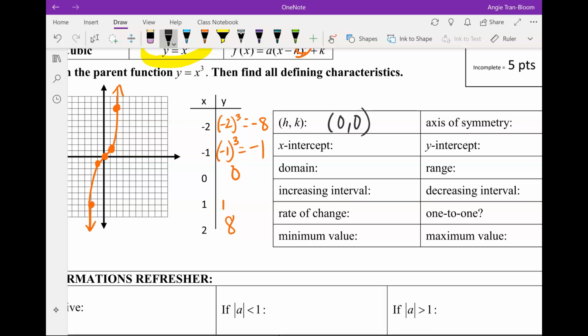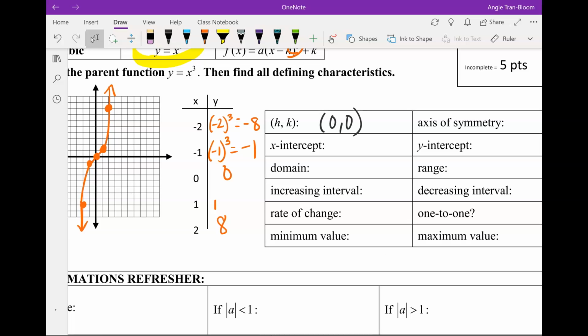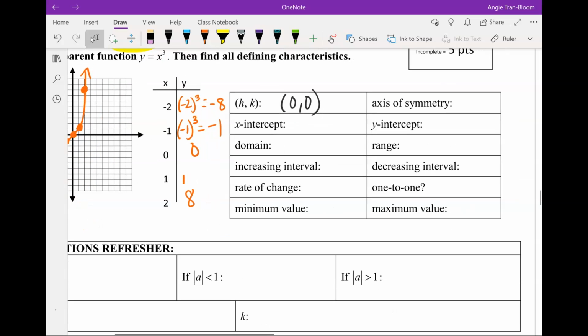Axis of symmetry, class. Axis of symmetry is a line that when you fold on this line, the left and the right have to be identical, or the top and bottom. So is there a line that I can fold so the top and bottom are identical or left and right identical? No. So for the cubic, there is no such axis of symmetry for now. Okay, so NA.